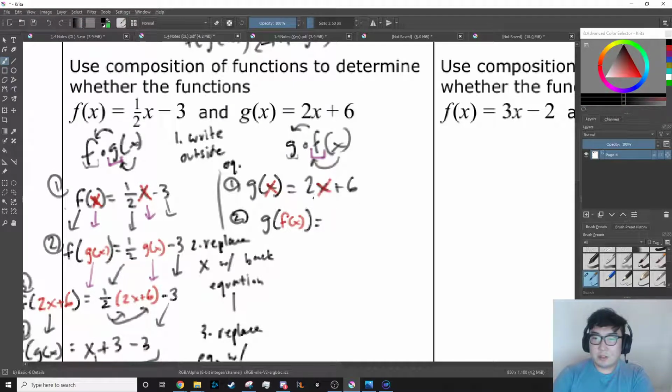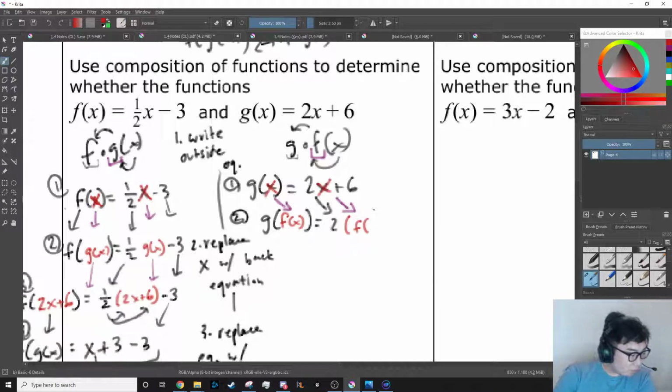is equal to my 2 transfers, right? My 2. But my x turns into f of x. Plus 6.